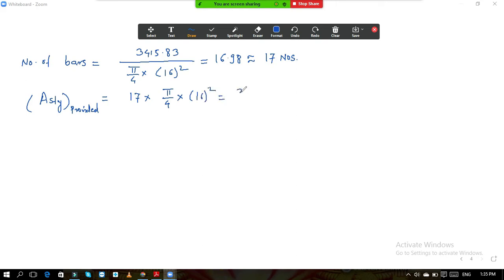This is 3418.05 mm square. After this, we will draw the reinforcement details.